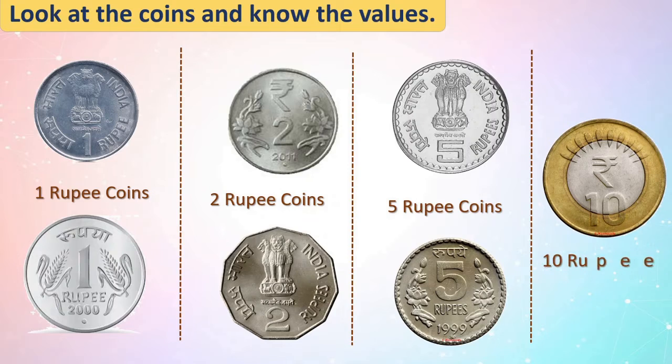This is a new 10 rupee coin. Got this? Children, all these coins are familiar to you. You handle them, right? You go to the shop and you give these coins to the shopkeeper and you purchase small articles, whatever you need, right?